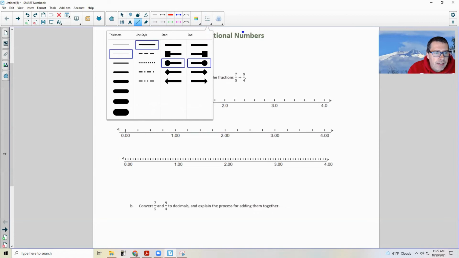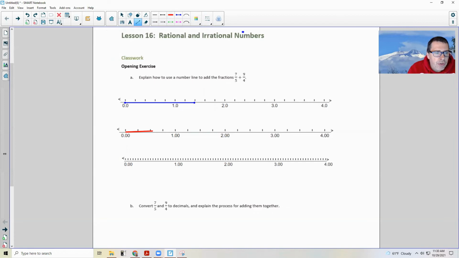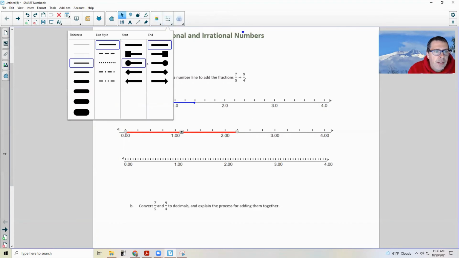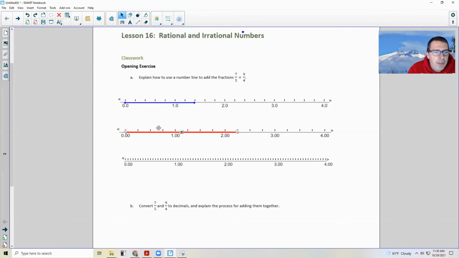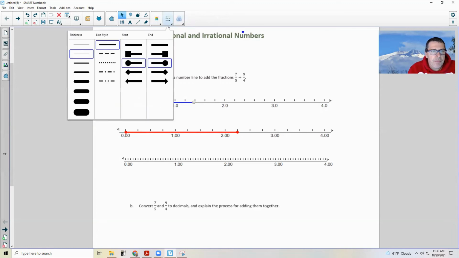We want 9. So I start at 0, 1, 2, 3, 4, 5, 6, 7, 8, 9/4 is right here. Let's add those buttons on the end, and there is our two segments.